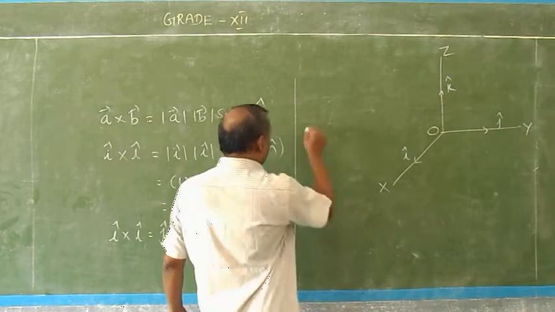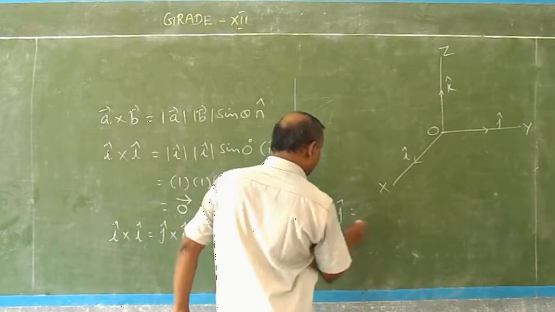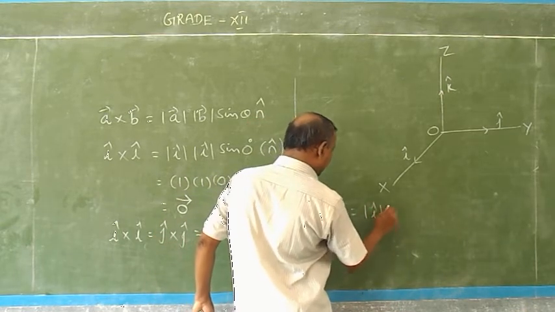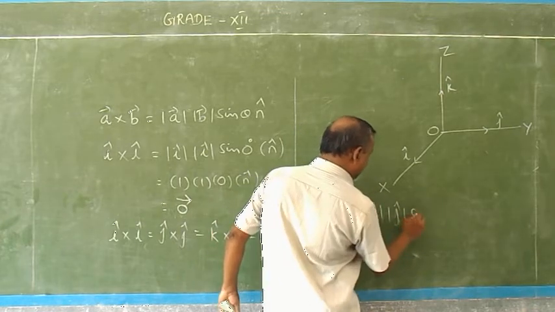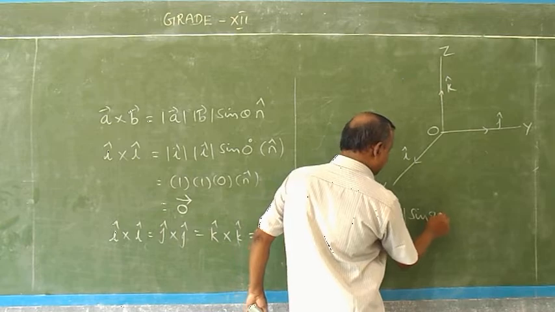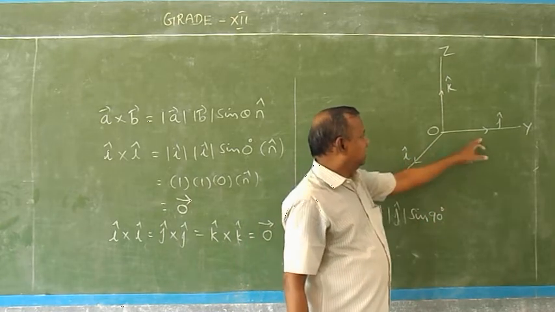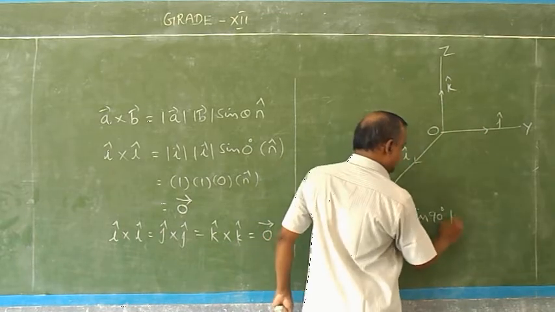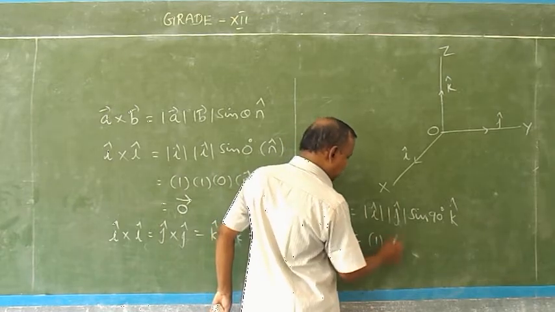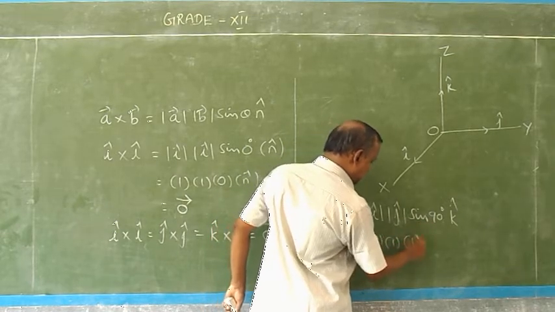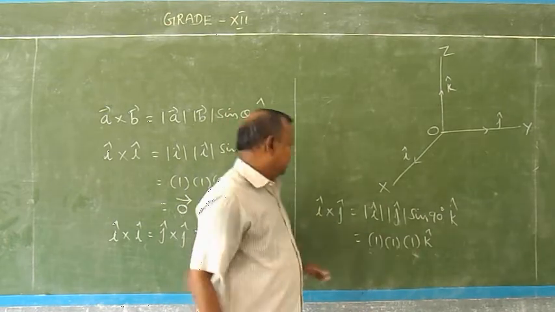Now i cap cross j cap equals modulus of i cap into modulus of j cap into sin of the angle between i and j, sin 90, into the unit vector perpendicular to both i and j, which is k cap. Modulus of i cap equals 1, modulus of j cap equals 1, sin 90 is also 1, so i cap cross j cap equals k cap.